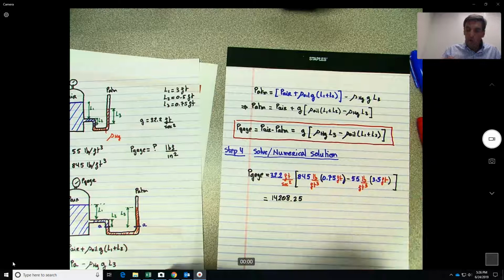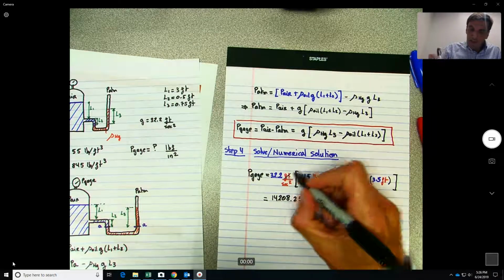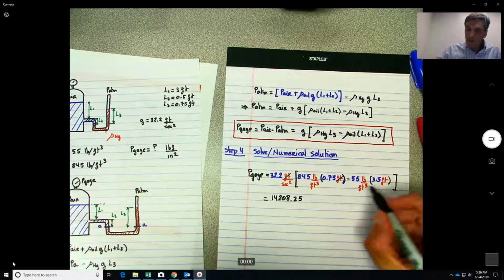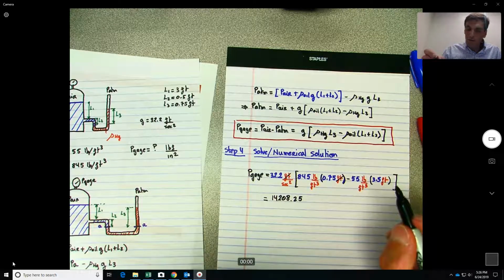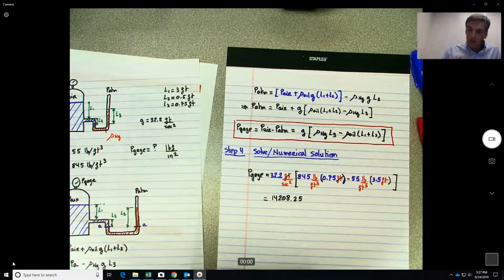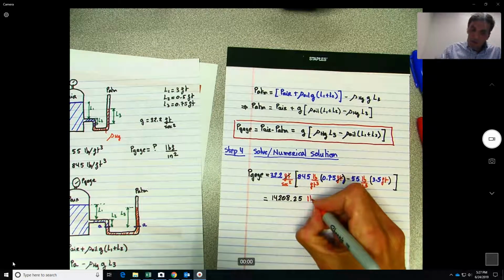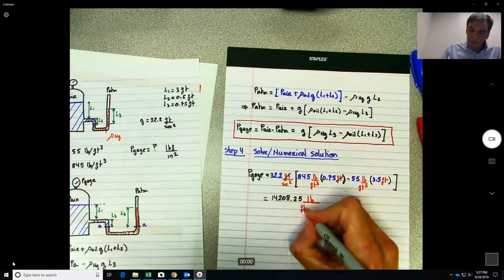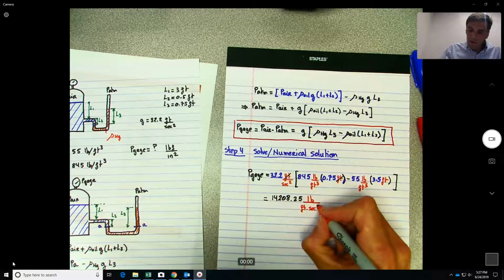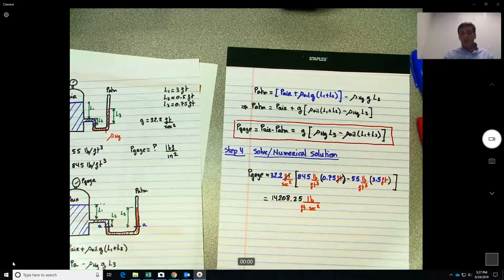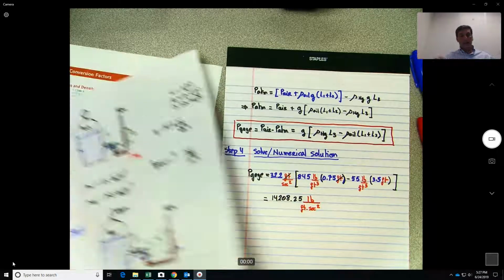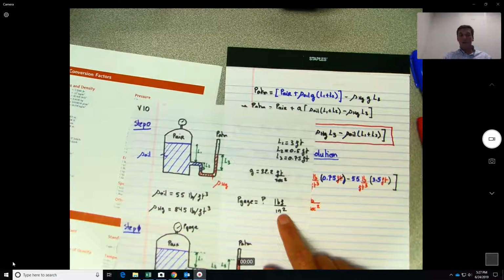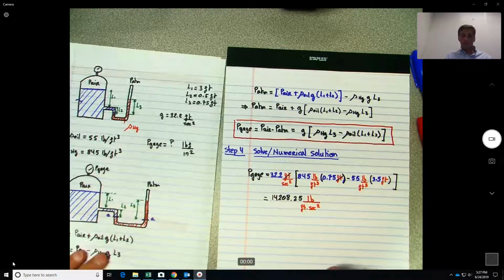We need to be careful here because I see we have feet times feet, divided by cubic feet. So we'll have pounds on top divided by feet second square. Okay, but that's not what we need to find. We need to find at the end the pressure in basically PSI, pound force over inch square.